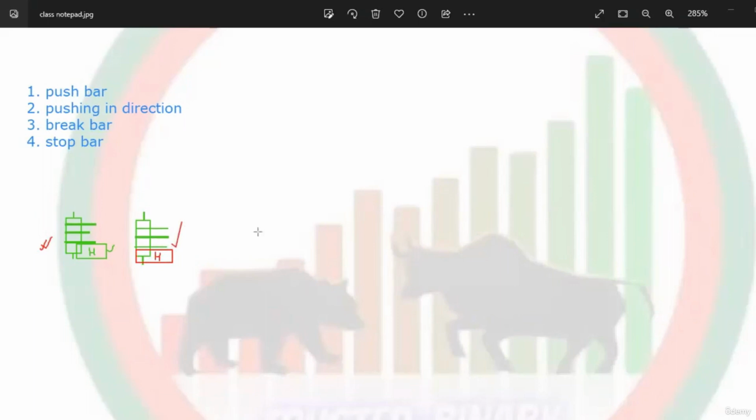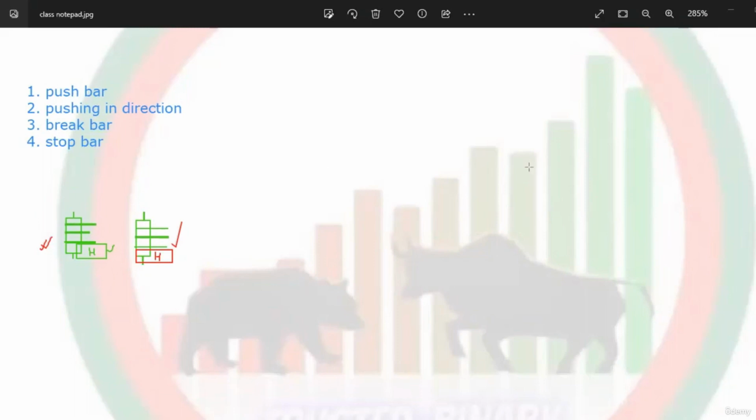If this is a bullish candlestick and in this part the volume is high, like 200 or 300, higher than all the previous candlestick volumes, then definitely it's okay. But when it's the seller side, it looks like sellers are powerful. So why will we call this a push bar? This is the main question.